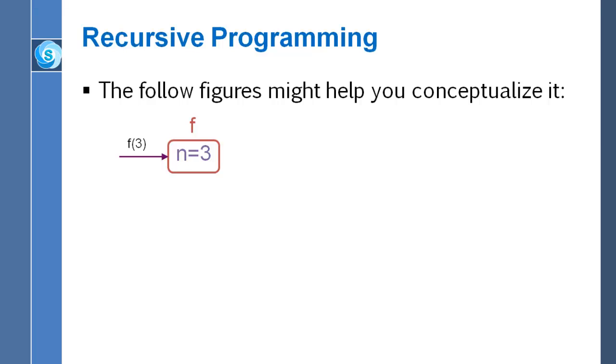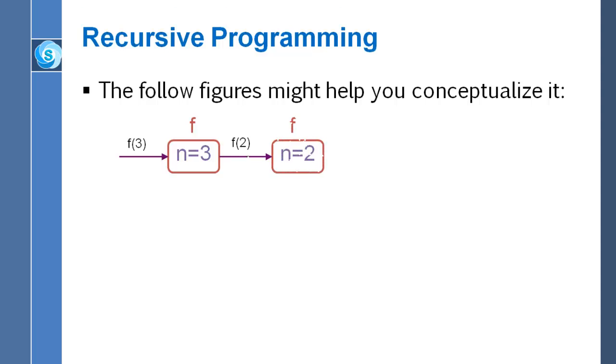Okay? So here's the game we basically played. The code was originally asked to compute f of 3. So this resulted in a call to the function f, and for that call to f, there's a parameter whose value n is equal to 3.